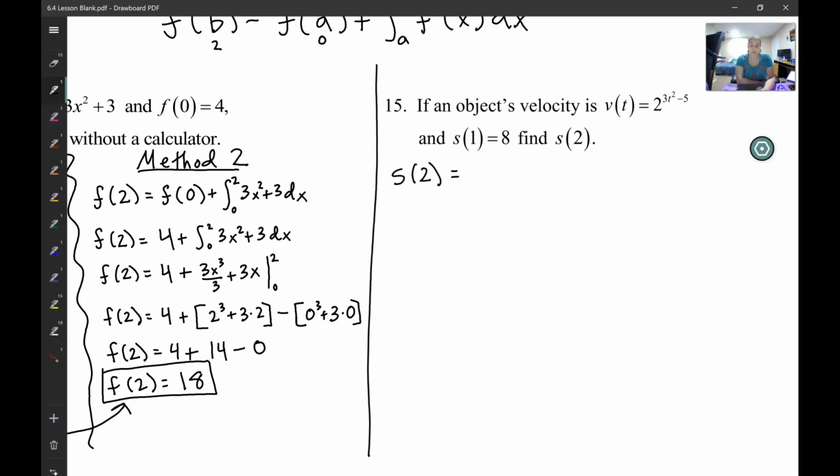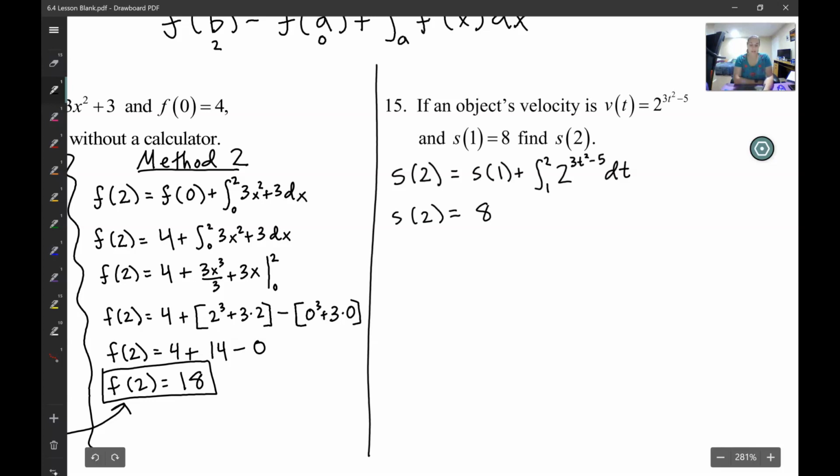So S of 2 is going to be my starting point plus my accumulation from my starting point to my ending point of my equation. So let's see, S of 2 equals S of 1, which is 8, plus this whole gross thing.